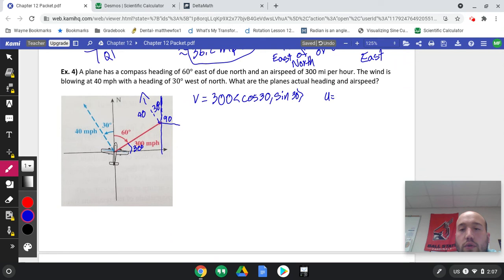So for u, we're going to get 40 times cosine of 120, sine of 120.